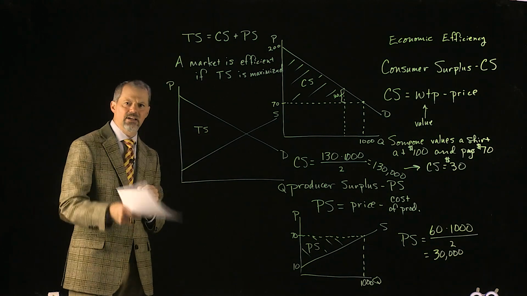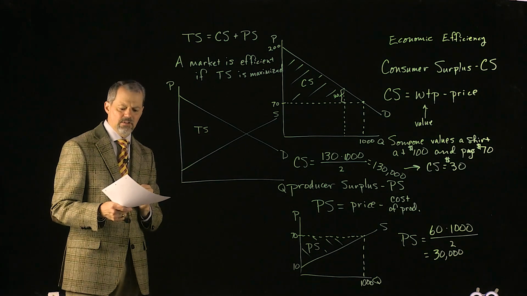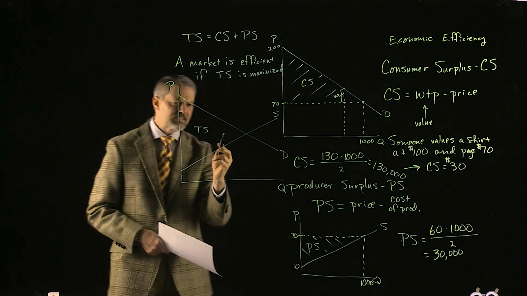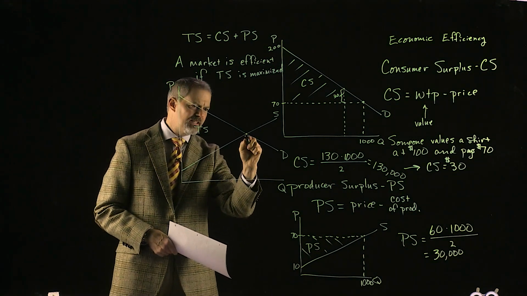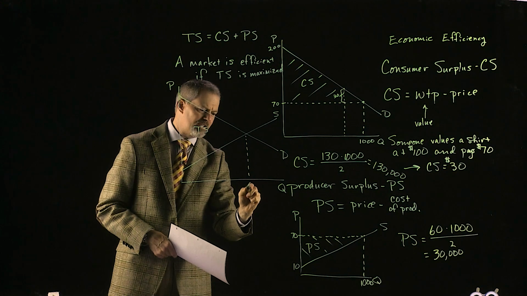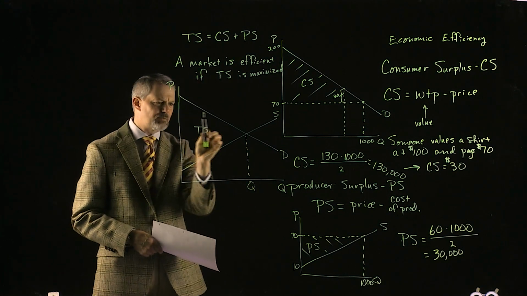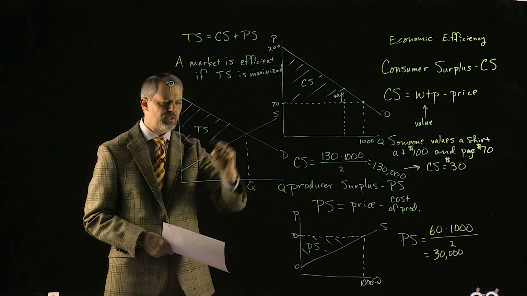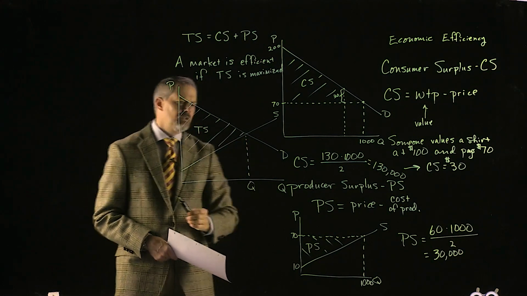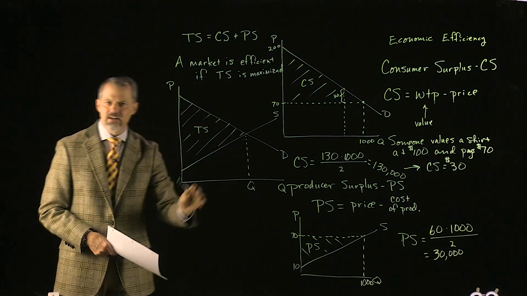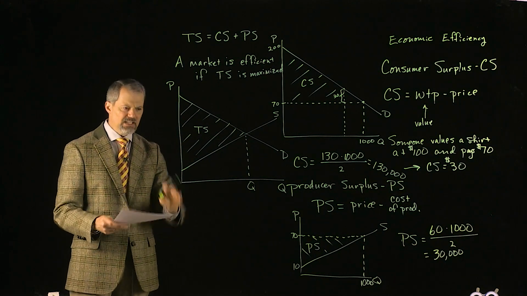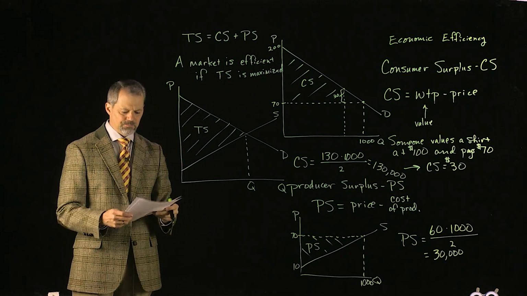It's all that area below the demand curve and above the supply curve. And you can see that this right there, that's the quantity that creates the maximum amount of area under the demand curve and above the supply curve. There's no more area under the demand curve and above the supply curve beyond Q.